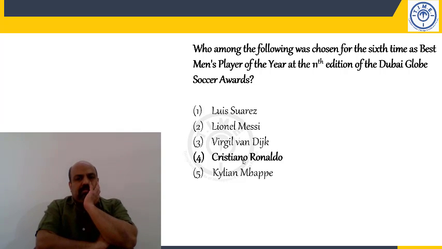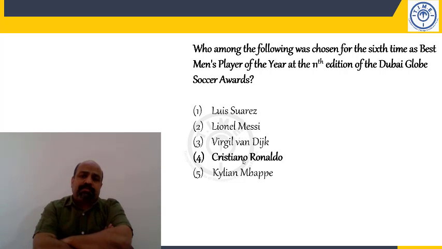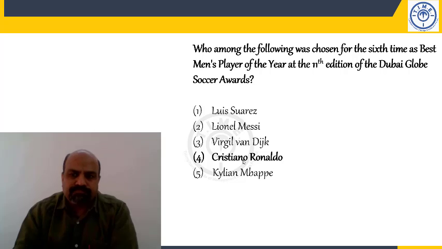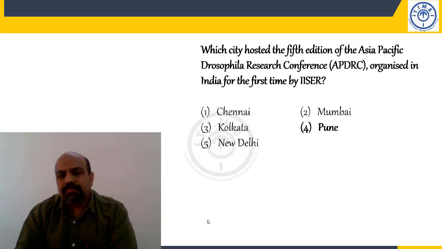Choice 3, Jig from Netherlands. 4, Ronaldo, Portugal. Kylian Mbappe, France. He's a teenager, man. He is one of the most expensive players in the world.